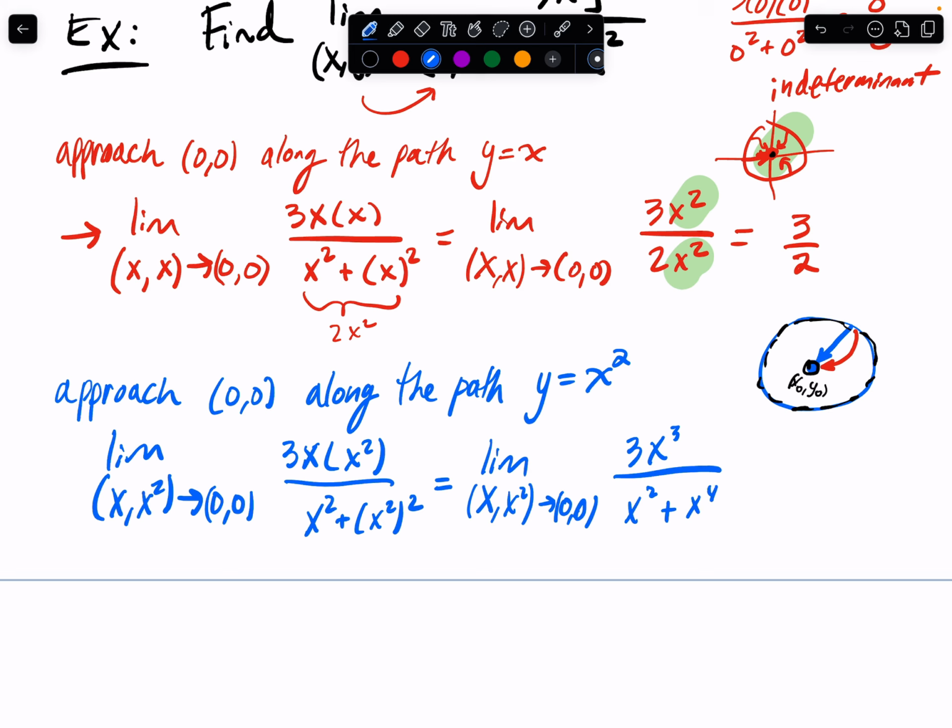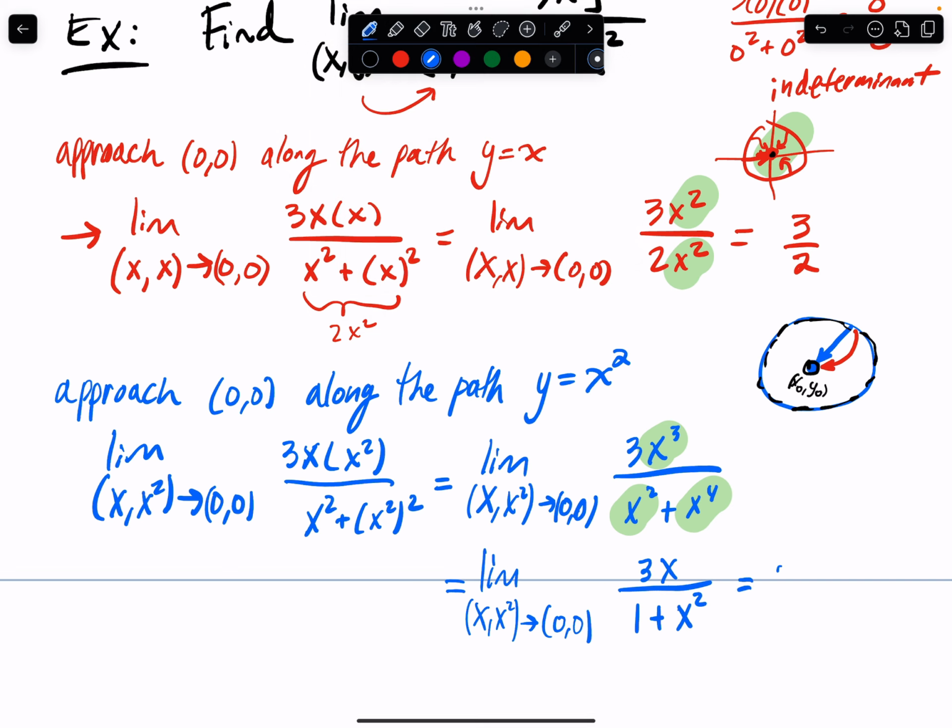If I simplify here, they all have an x squared term, so this simplifies to the limit as (x, x squared) goes to (0, 0) of 3x over 1 plus x squared. Whenever I plug in a 0 for my x and a 0 for the x squared, I get 0 over 1, which is 0.